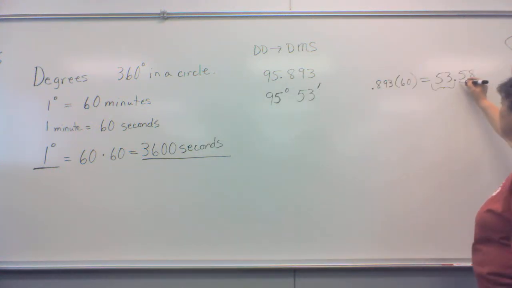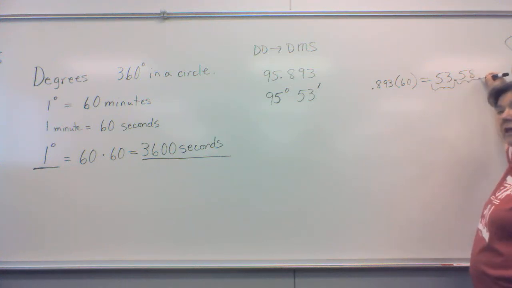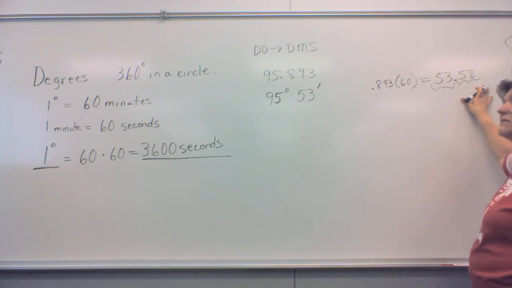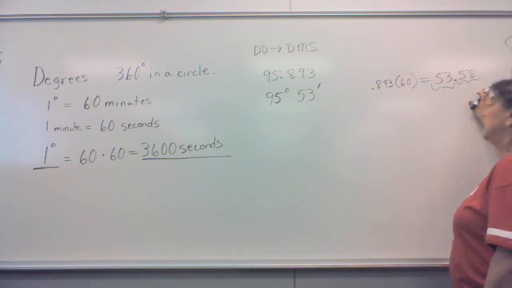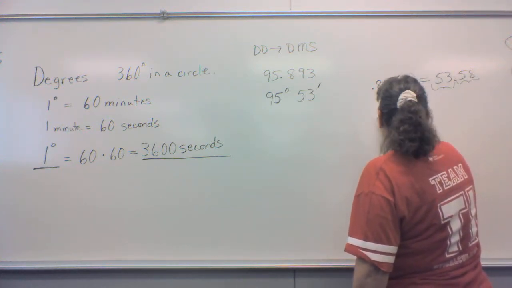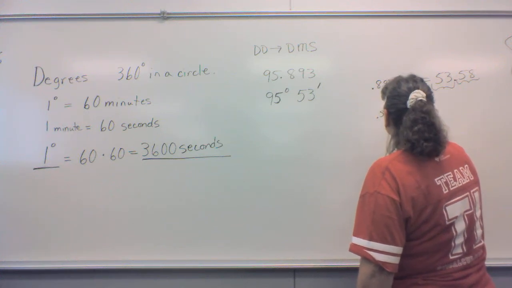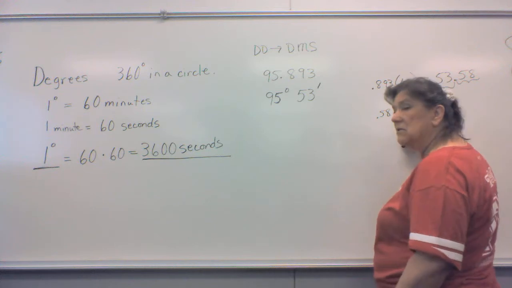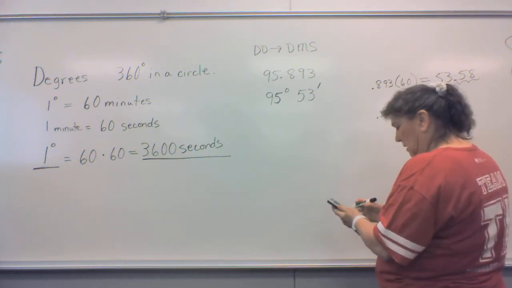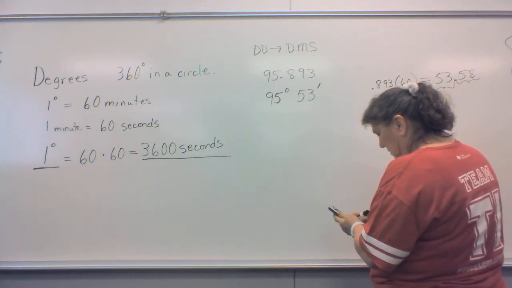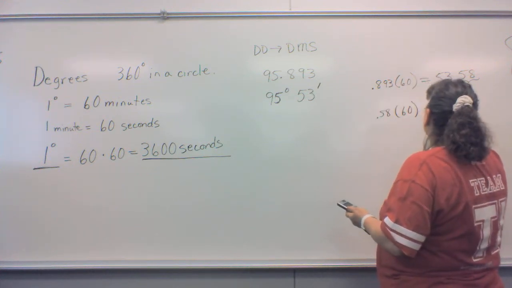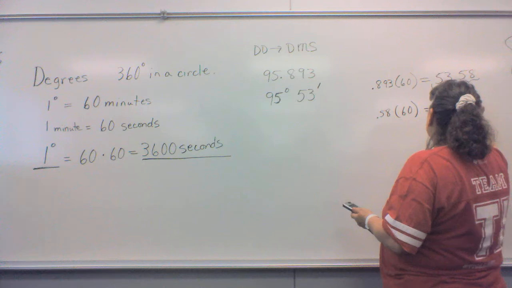Now we have 58 hundredths of a minute left. And so we're going to have to find out how many seconds make up 58 hundredths of a minute. So 0.58 times 60 seconds, because there's 60 seconds in a minute. And let's find out what that is. And it is 34.8.